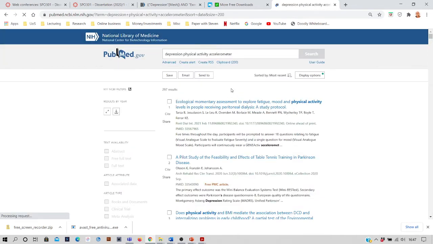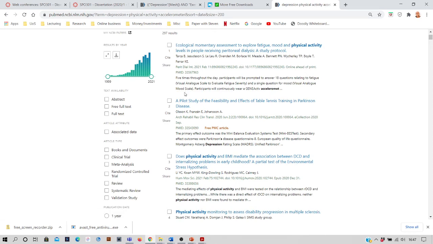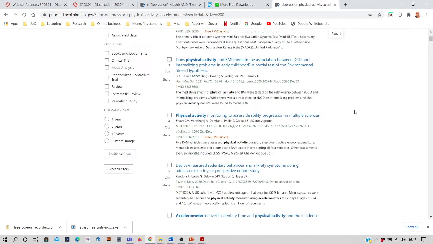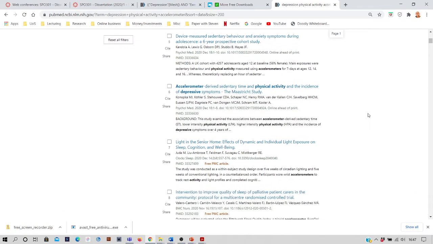You at least know that it's going to bring up a load of papers that are just not relevant to what I'm looking for. So there we've got a feasibility study in Parkinson's disease. There we're measuring sedentary behaviour. I'm not even interested in that.